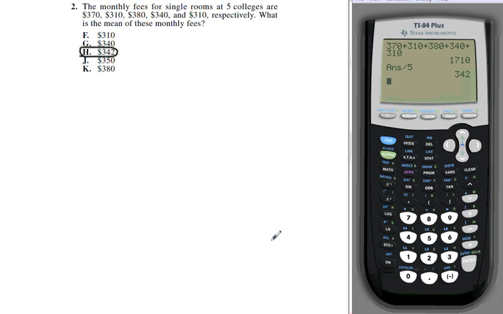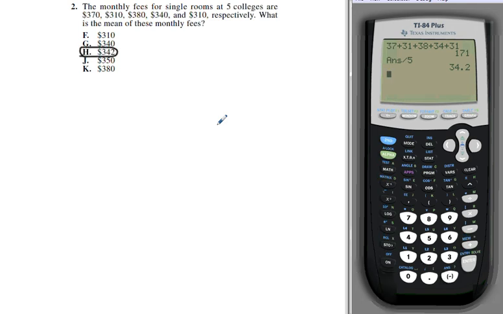So, for example, I could do 37 plus 31 plus 38 plus 34 plus 31, and then divide that by 5, and I know I get 342 because I'm 1 decimal place off there. That's just a little thing that can save a couple seconds maybe.